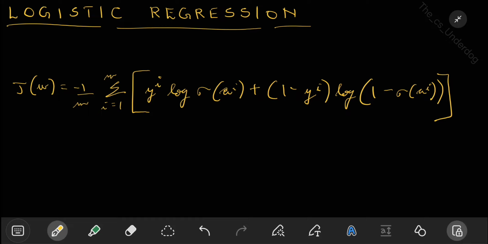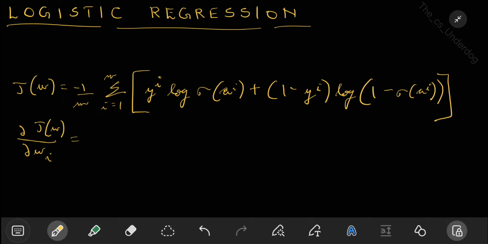So if you want to minimize, what you have to do is del by del Wi of J of W. How will it look?